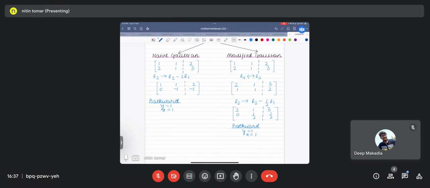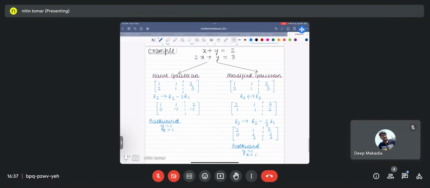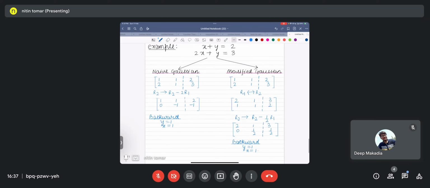Obviously, you will get the same solution. But what I'm trying to say is, you see which method is more complicated here. Obviously, the second method, because the operation counts are getting bigger. So if you provide the system this problem, the system will take more time for modified Gaussian. More expensive, yes, that is precisely the term.